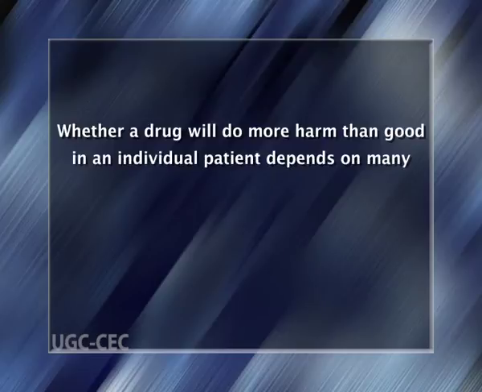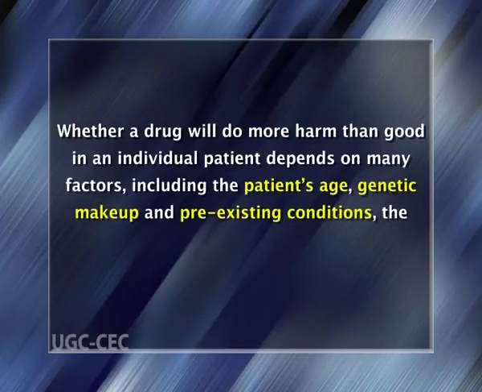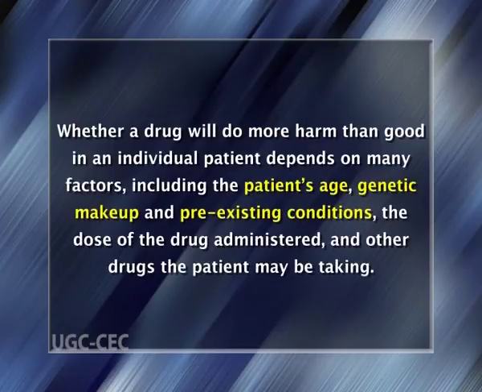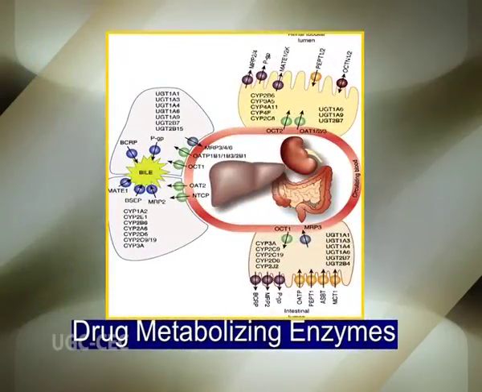Whether a drug will do more harm than good in an individual patient depends on many factors, including the patient's age, genetic makeup and pre-existing conditions, the dose of the drug administered and other drugs the patient may be taking. For example, the very old or the very young may be more susceptible to the toxic effects of a drug because of age-dependent differences in pharmacokinetic profiles or in drug metabolizing enzymes.